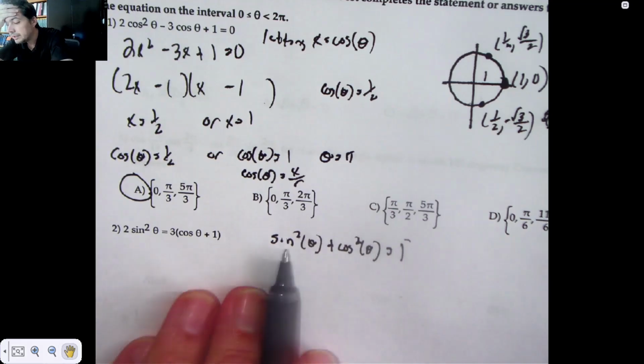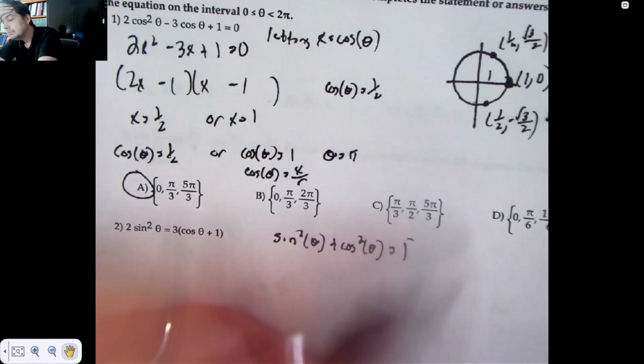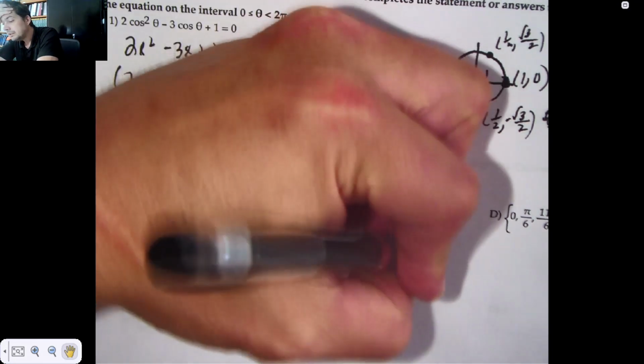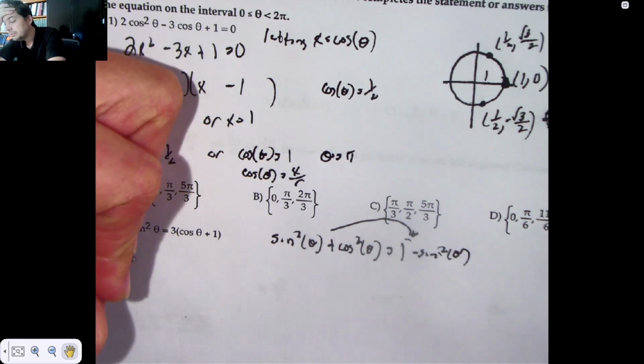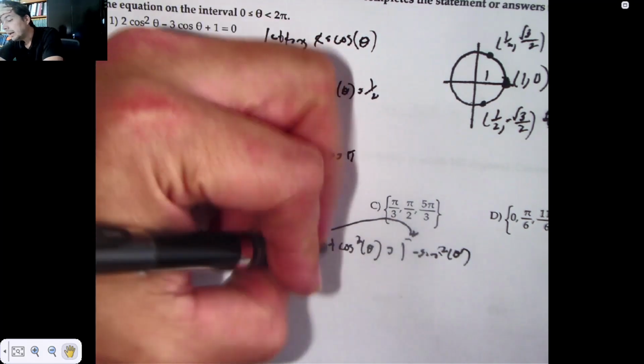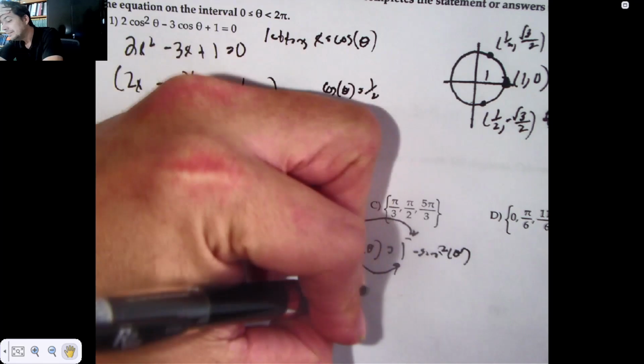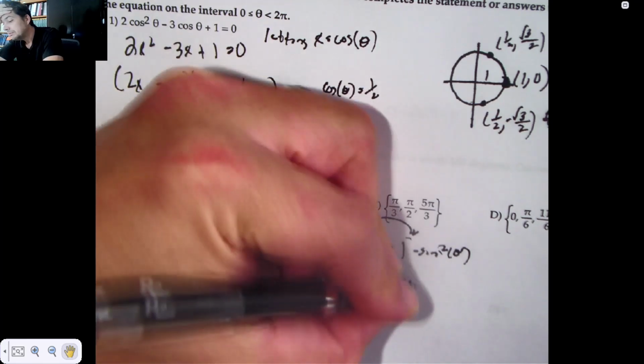So what I want is to replace this sine squared with something. It turns out that cosine squared is 1 minus sine squared. So 2, whoops, I did that backwards. I know that sine squared is 1 minus cosine squared of theta.